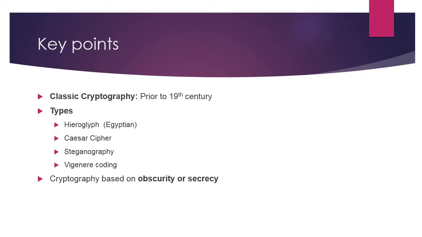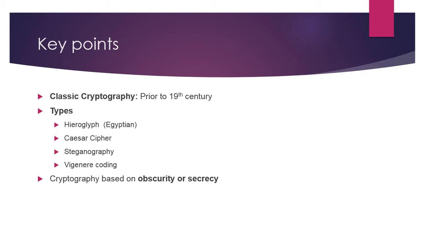This secret method was known only to the people who were transmitting these messages between each other. If somebody came to know this secret method, they would easily be able to break it down and crack the transmitted message.